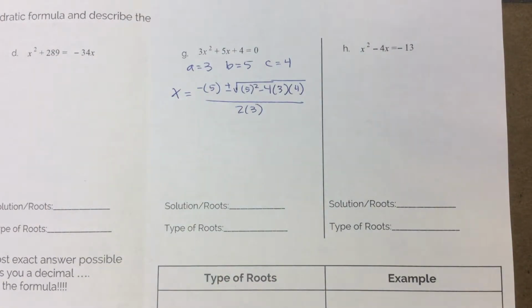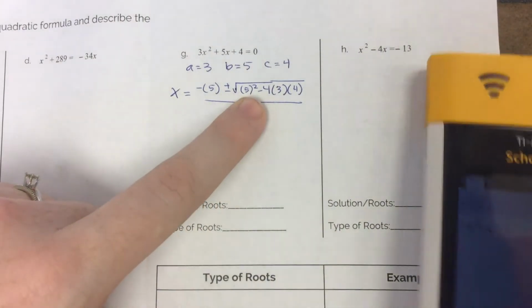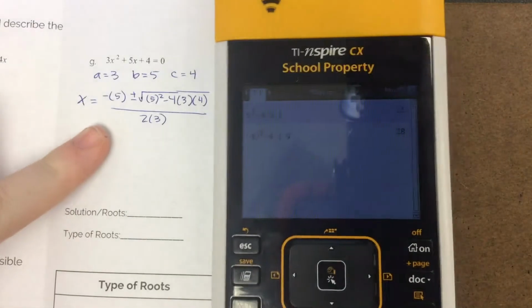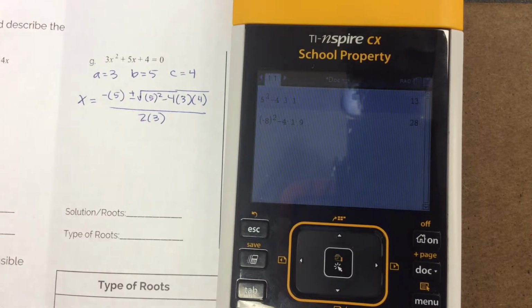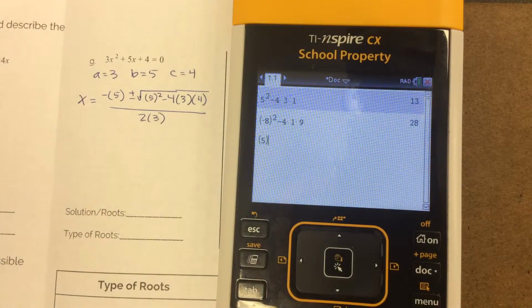Next, plug in the square root and simplify it first. So we're going to plug in 5 squared minus 4 times 3 times 4. You get a negative 23.